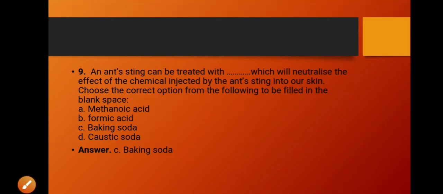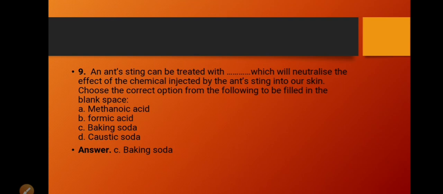Then the next question is 9. An ant sting can be treated with blank, which will neutralize the effect of the chemical injected by the ant sting into our body. Choose the correct option from the following to be filled in the blank space.